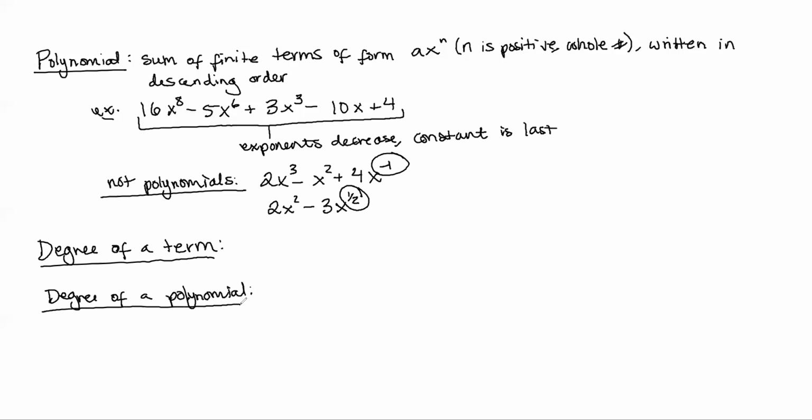So the degree of a term is just the sum of the exponents on the variables in the term. This is looking at just a single term, so something like 2x squared. The exponent here, there's only one, is a 2, so the degree of this term would be 2. We don't care what the coefficients are, we're only looking at the exponents.